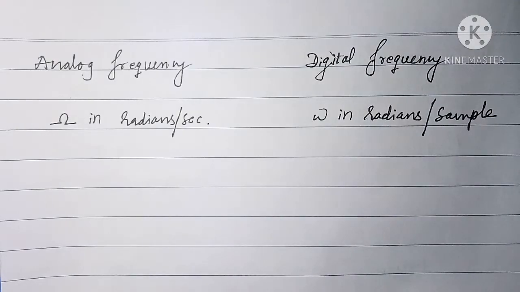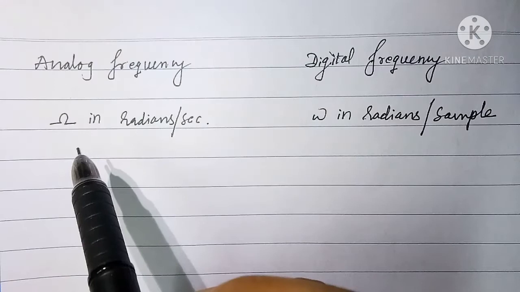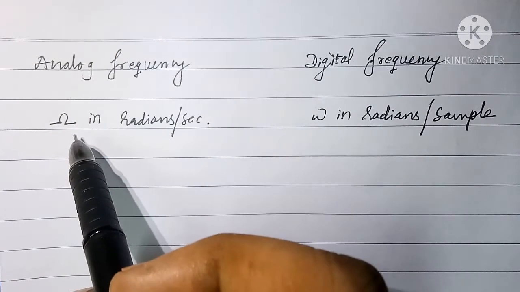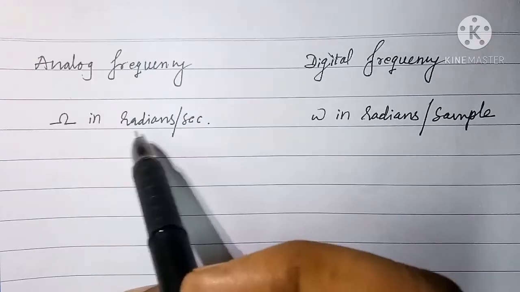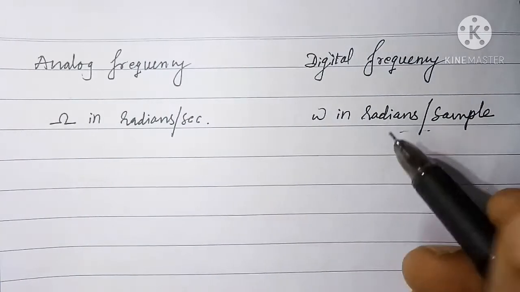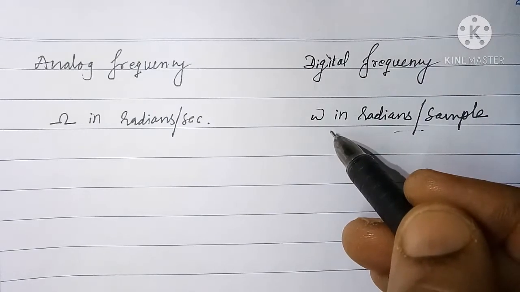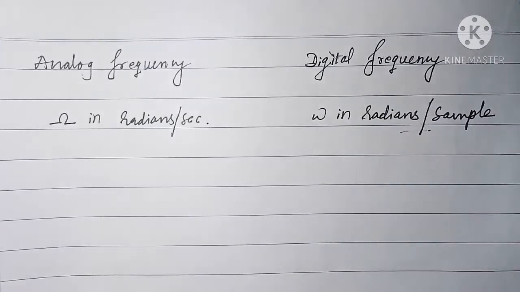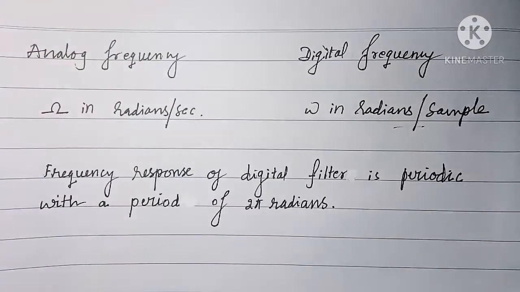Now we have to move on to the frequency response of digital filters. We have seen that analog frequency is given by capital omega in radians per second. Digital frequency omega is measured in radians per sample.